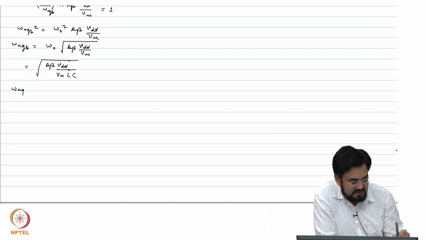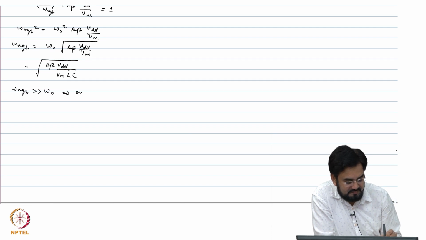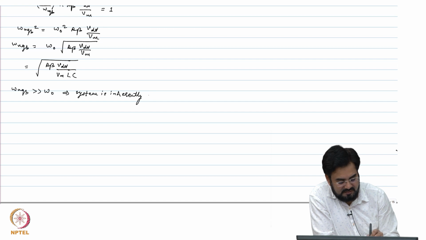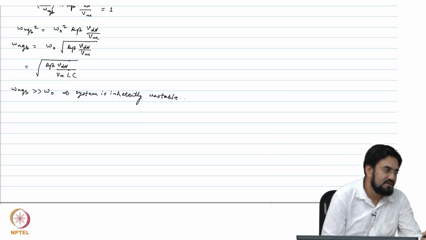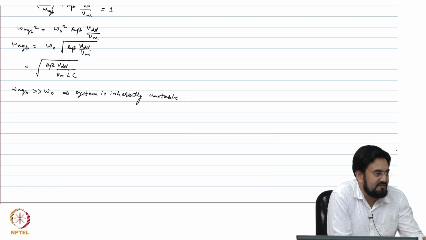So, omega UGB means system is inherently unstable. So, you cannot simply put the amplifier in the feedback and get the regulated output.